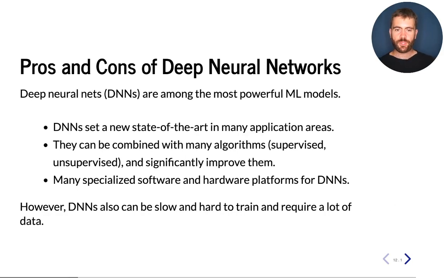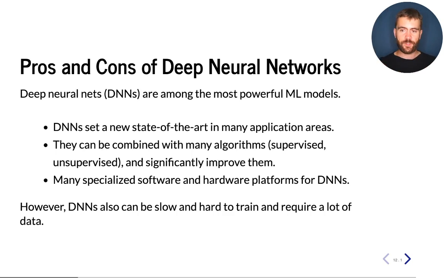So neural networks are really powerful models. As I said, they achieve a new state of the art, and they can also be combined with other algorithms. So for example, for the kinds of algorithms that we have seen, like naive Bayes and Gaussian discriminant analysis, we can derive versions of these algorithms where some components are neural networks and other components are probabilistic.